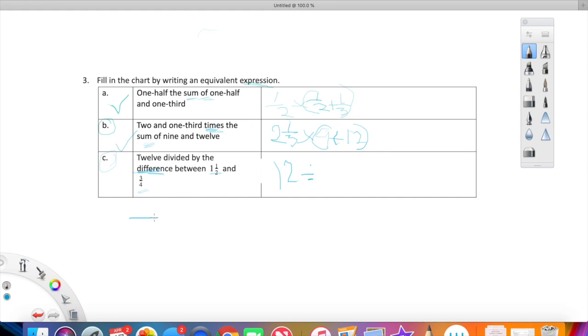So in parentheses, because it's like a second problem, we have 1 and 1/2, the difference, which is minus, so we subtract 3/4. And we finish it off with our parentheses.